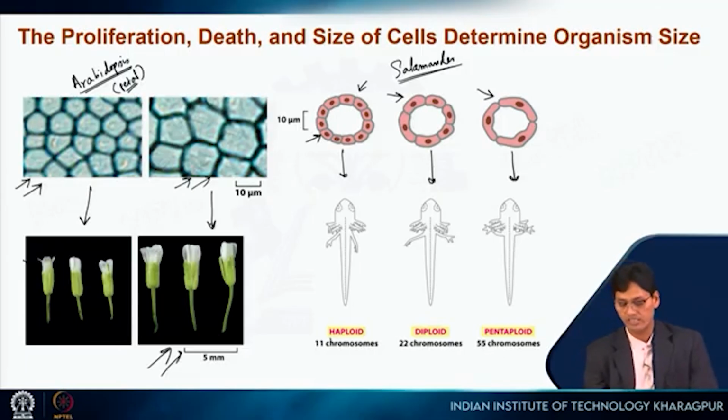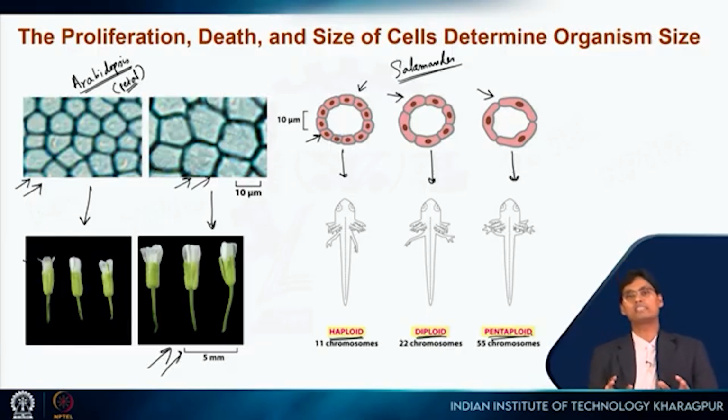As you can see, this is haploid, this is diploid, and this is pentaploid. So whatever we observe in this plant Arabidopsis is not happening here in salamander. Here, the increasing cell size is compensated by lowering the number of cells, so that they can control the overall size of the salamander, and everything happens properly.